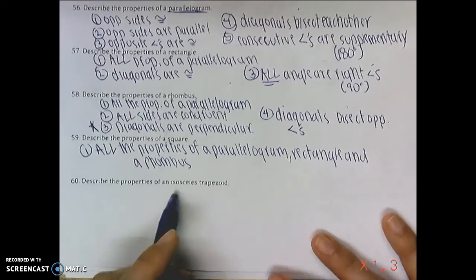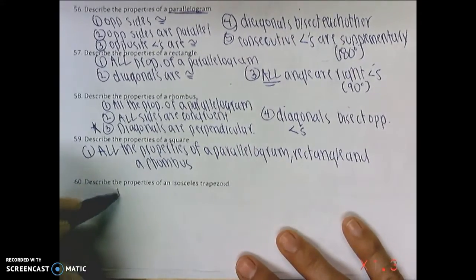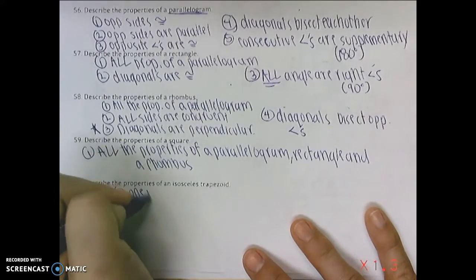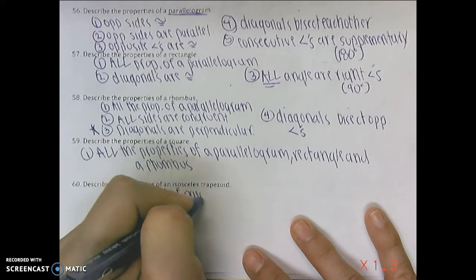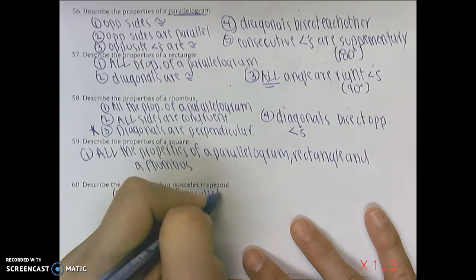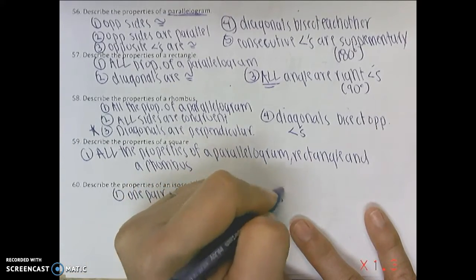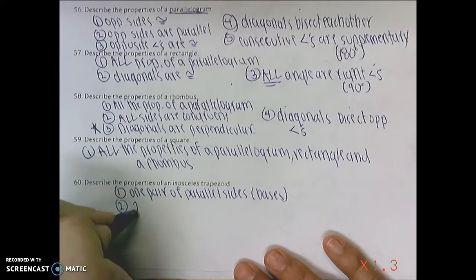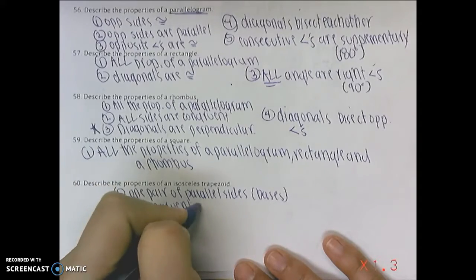The next one is describe the properties of an isosceles trapezoid. All right, so here we go. One pair of parallel sides, and we would call those the bases. It has 2 congruent base angles.